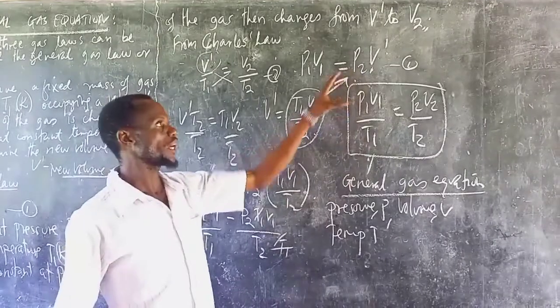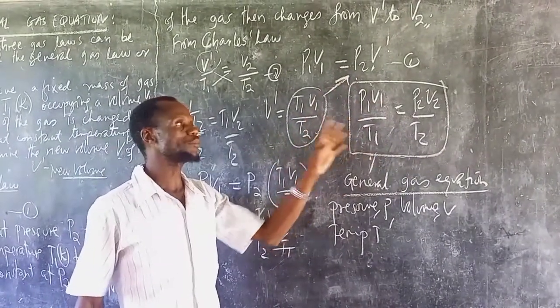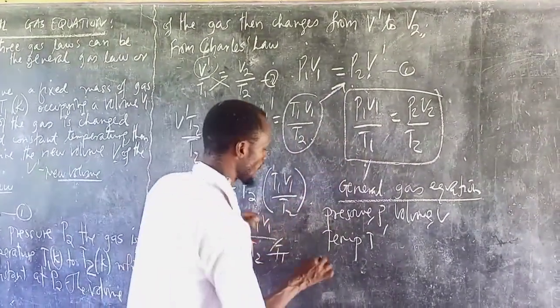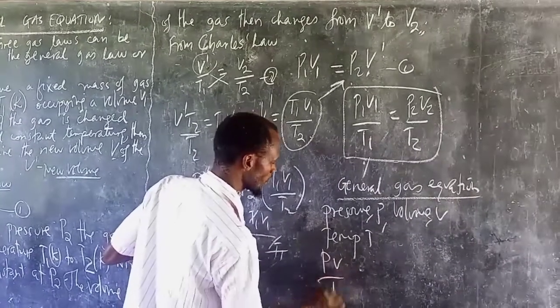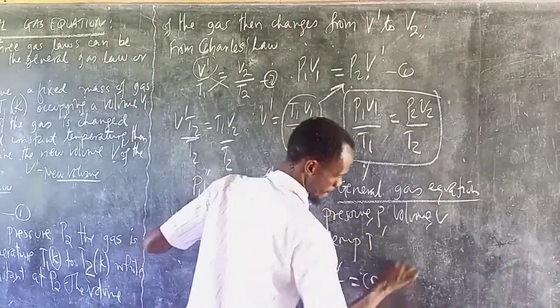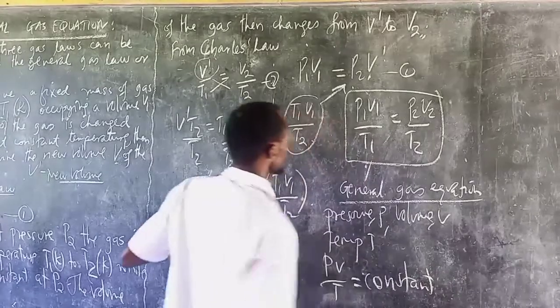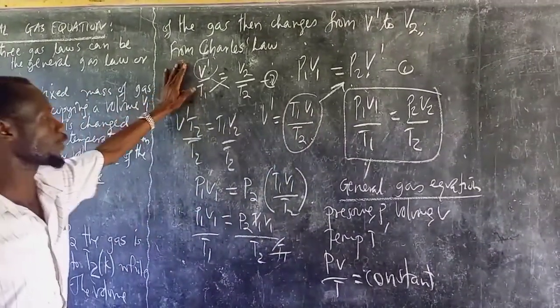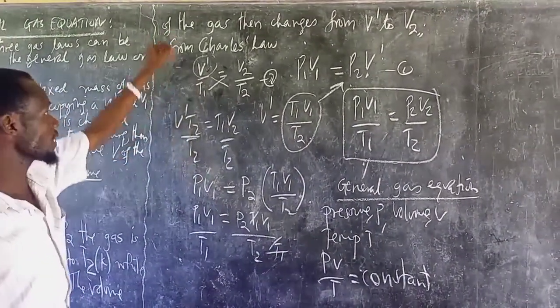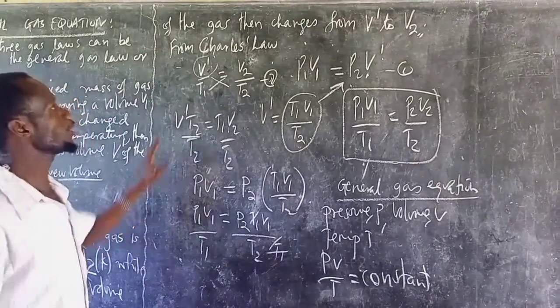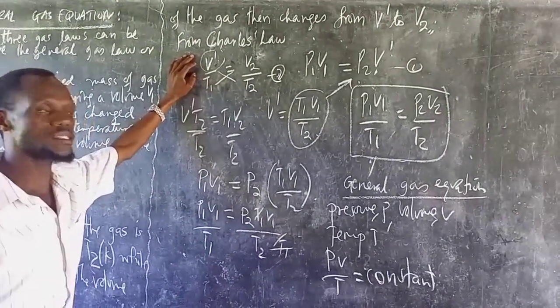So this equation is very important for us to understand. This means that PV over T is a constant. It is derived from Charles' law and Boyle's law, and can be used to determine the general gas equation.